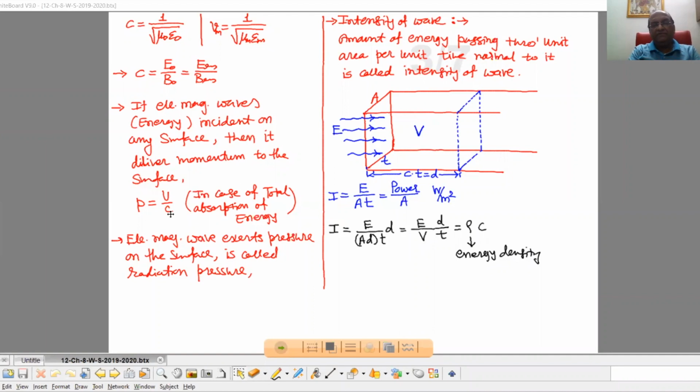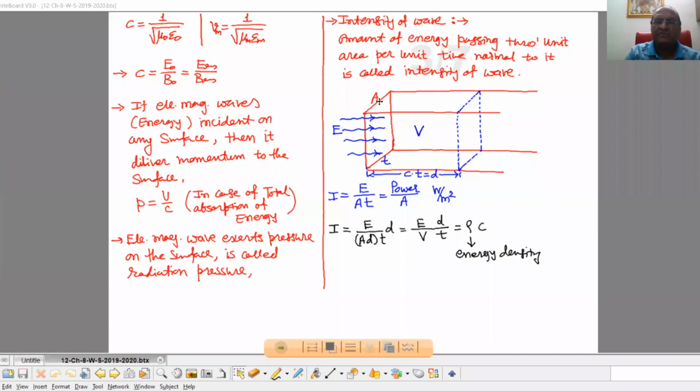Then after, intensity of wave. Now, intensity of wave means what? The amount of energy passing through unit area per unit time perpendicular to the surface is called intensity of wave. To understand this concept of intensity and to write its equation, let's consider this figure.